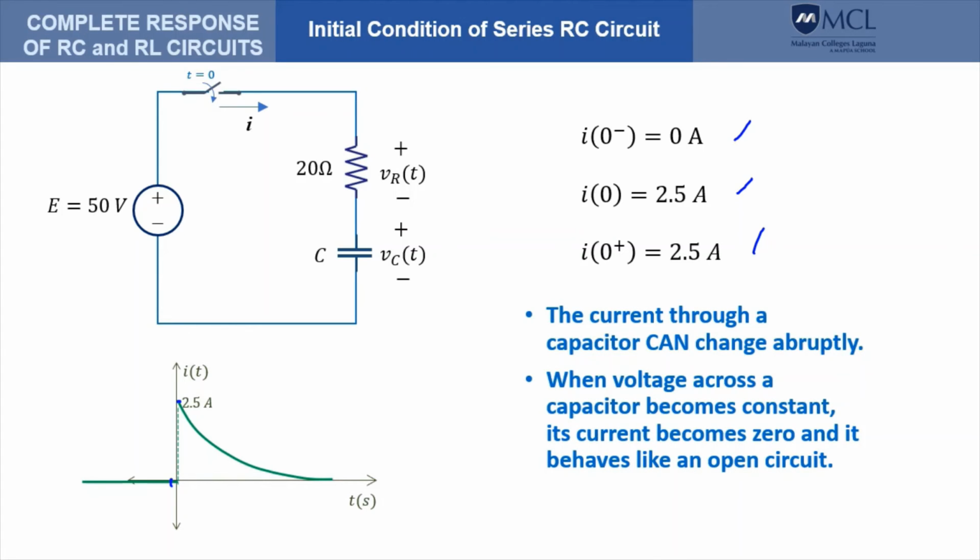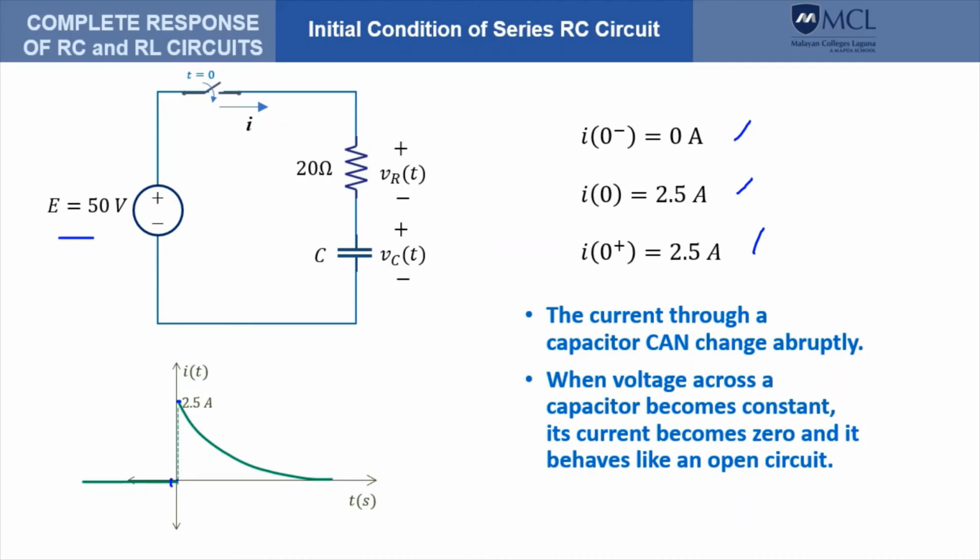So the current through a capacitor can change abruptly. As we can see in the graph, when the voltage was applied, the current immediately jumps from 0 to 2.5 in no time. So it changed abruptly. That is possible for a capacitor.